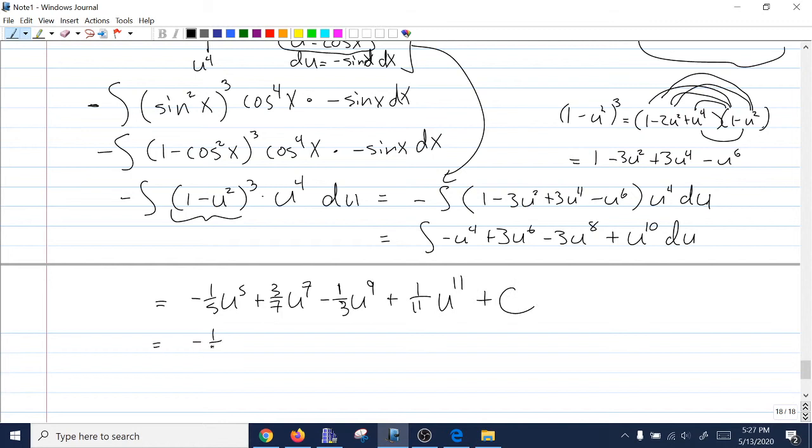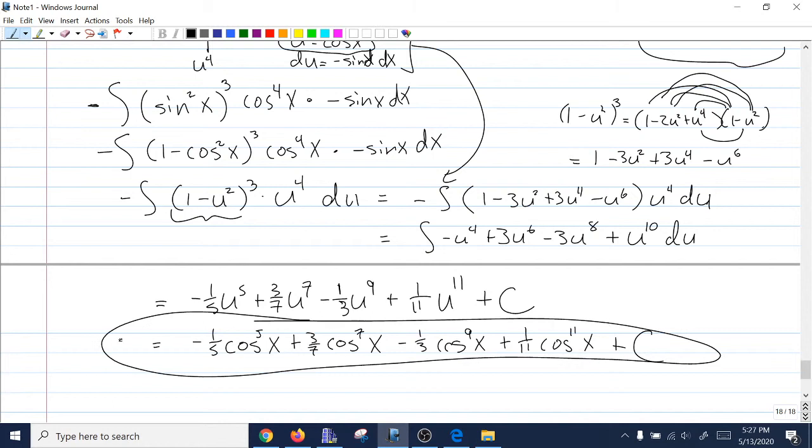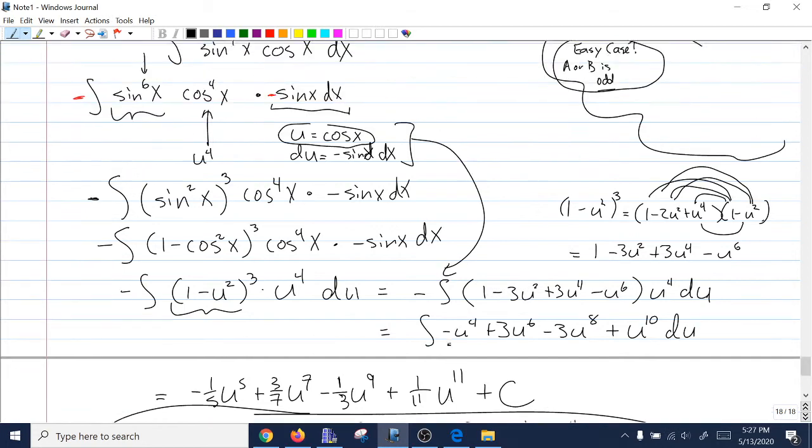So this is negative 1/5 cosine to the 5th x plus 3/7 cosine to the 7th x minus 1/3 cosine to the 9th x plus 1/11 cosine to the 11th x plus a constant. Ooh, gross. But, like I said, this was the easy case where one of the numbers was odd.